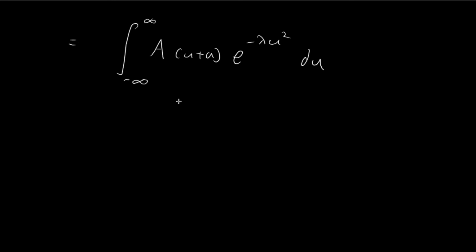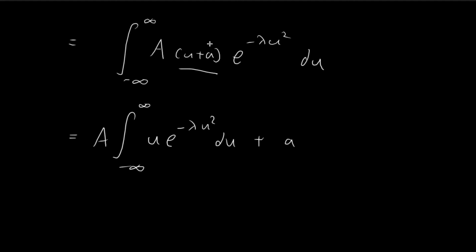So now the challenge becomes evaluating this integral. I'm going to break apart this bracket and separate this expression into two separate integrals. So now we have A times the integral of u times e to the power of negative lambda u squared du, and then I'm going to pull out the small a, and then we have this integral.